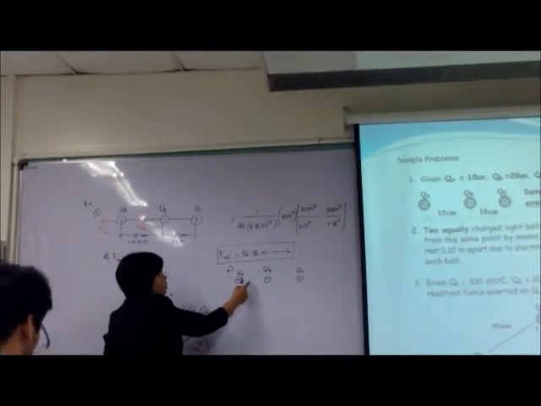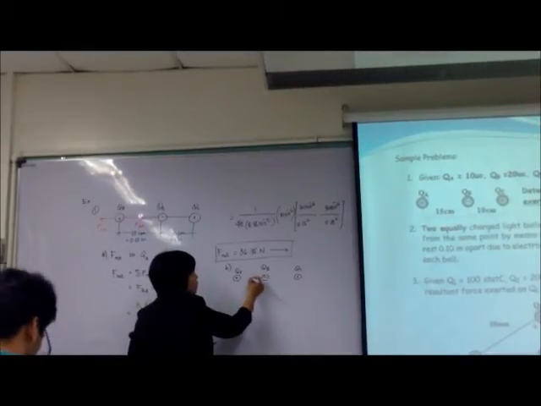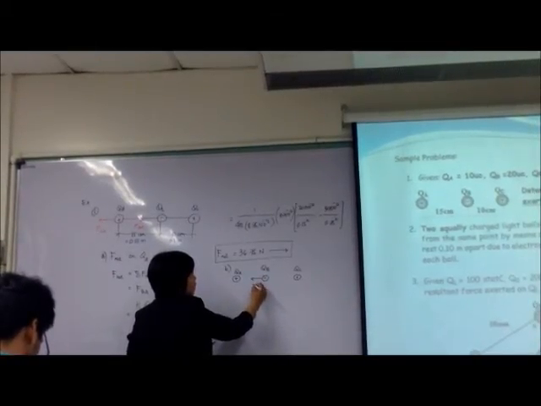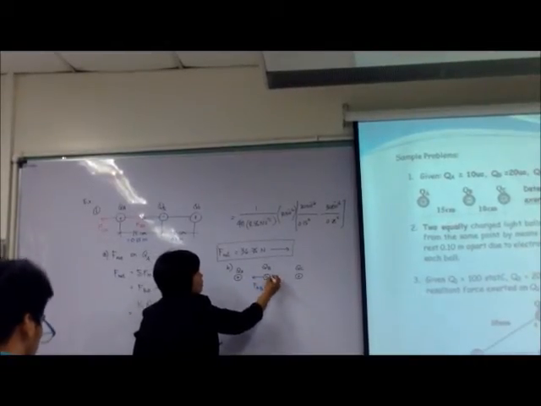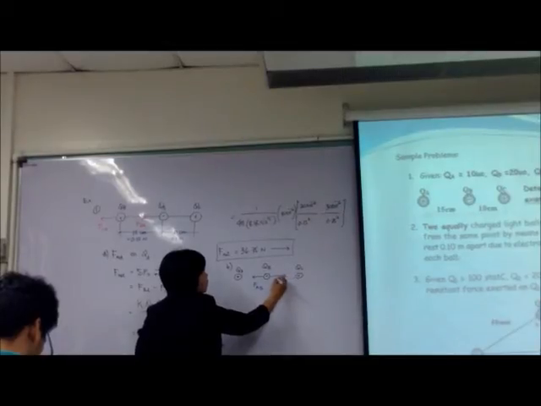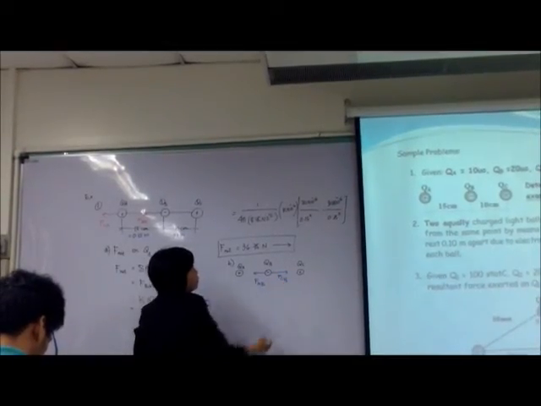Considering charge A, what's the effect of charge B? Attraction, and the symbol is F, A to B. What about due to charge C? It's also attraction. So force C to B.